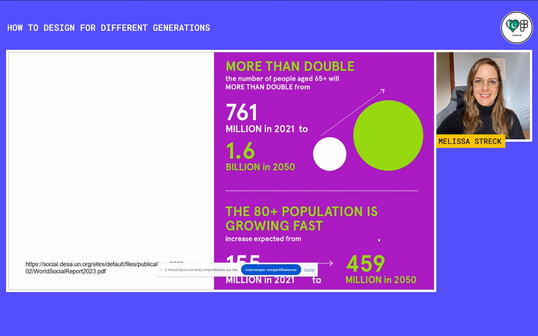This is something we have to look at when we are trying to include the elderly population in our apps and digital products. We have to consider it even more in our role as designers, right?